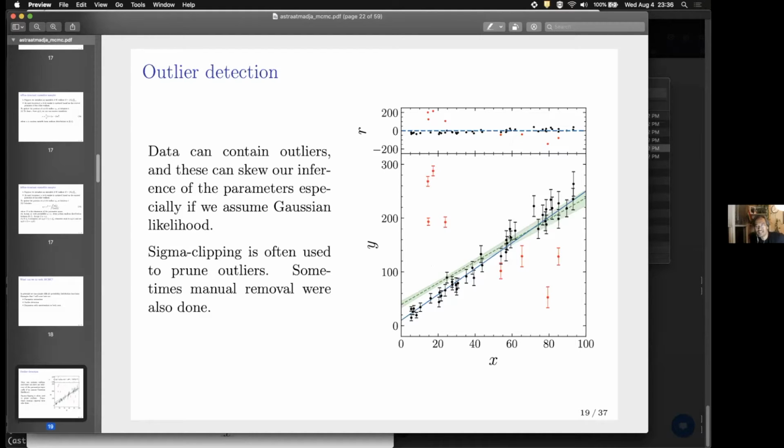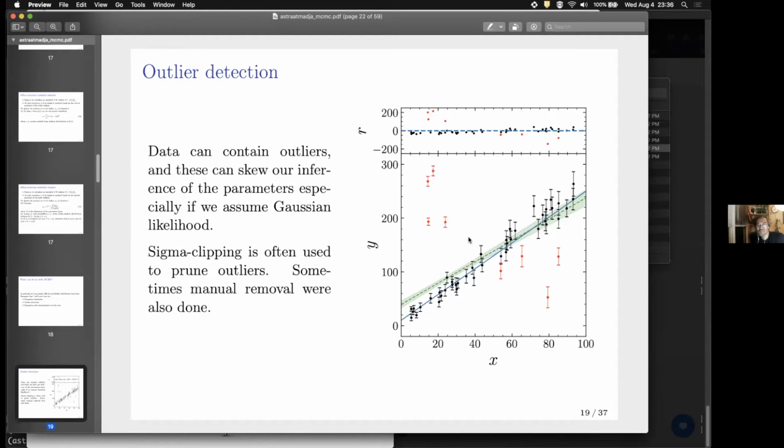And we repeat that until no more data are rejected. That's how people do sigma clipping. There's a function to do that in Python, in astropy.stats. You don't have to write it yourself. The idea is that you just have to predetermine how many sigmas you want to use to reject data.